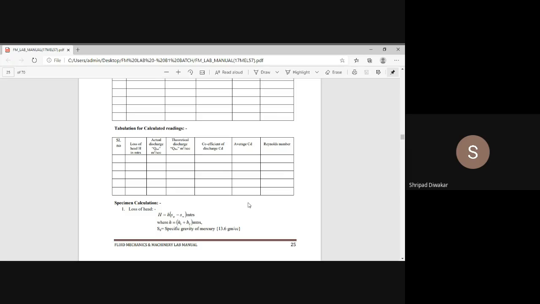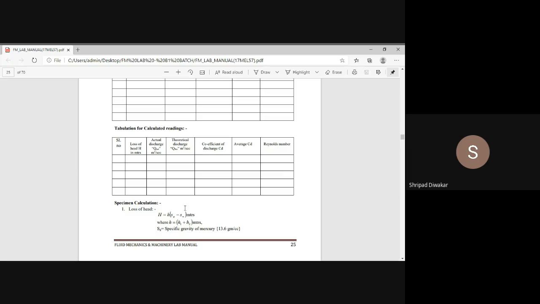I'll tell you: specific gravity is the ratio of the density of the given liquid to the density of the standard liquid. Suppose the density of the given liquid is 700 and the standard liquid is water, so specific gravity will be 700 divided by 1000, giving 0.7. That is the formula to find the specific gravity of any fluid.